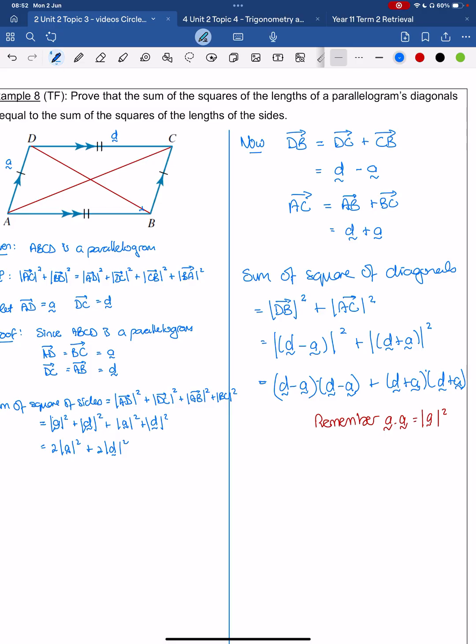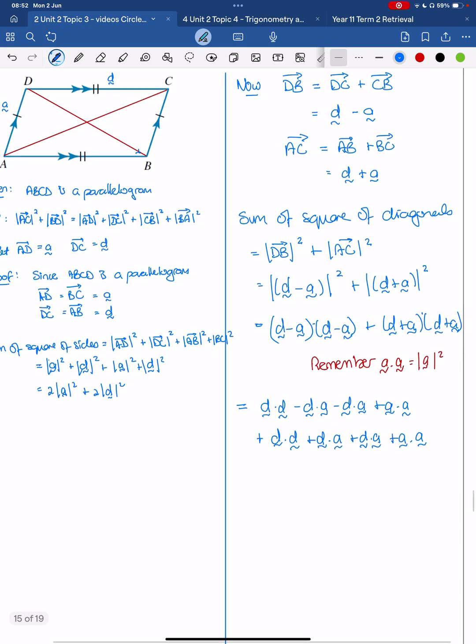Okay, so using FOIL and our dot product, we've got d dot d minus d dot a minus d dot a plus a dot a, plus d dot d plus d dot a plus d dot a plus a dot a. So I've expanded it, okay?